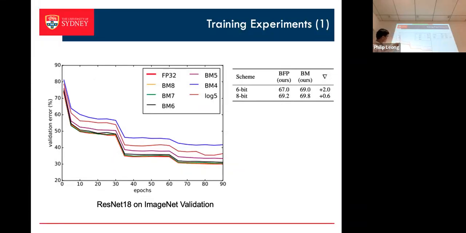As you can see, as we increase the precision from 4-bit format, then this one is a logarithmic 5-bit format, block Minifloat 5-bit format, this is 6-bit block Minifloat, 7-bit block Minifloat, and 8-bit block Minifloat. You can see that they all converge, and by the time you get to about 6 bits, it's very close to 32-bit floating point.